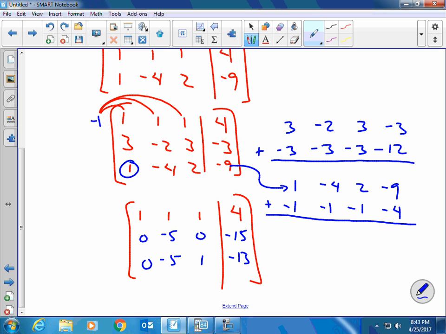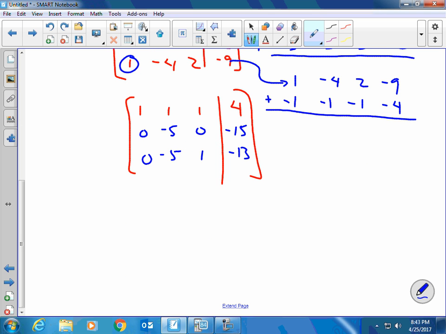All right, let's work our way across now. So remember, the goal was to get 1s down the diagonal and 0s everywhere else. We started with the first column, and we made that the way we wanted it: 1, 0, 0. Next step. Let's make this entry a 1.